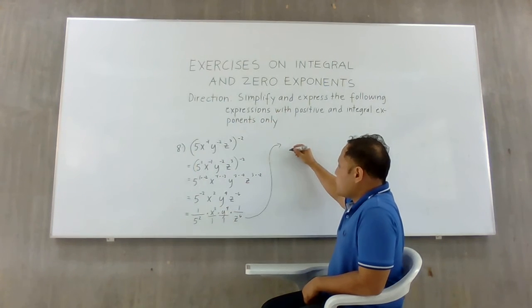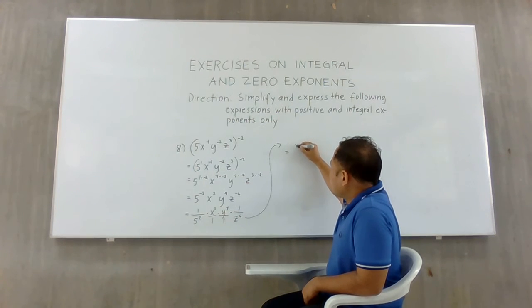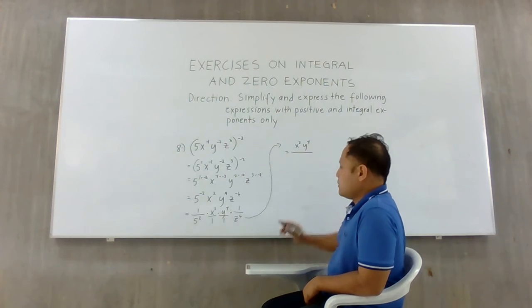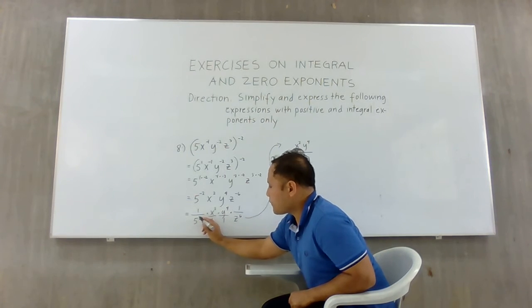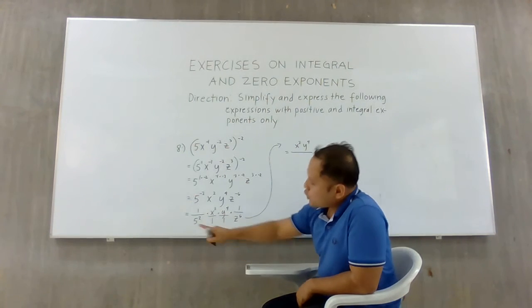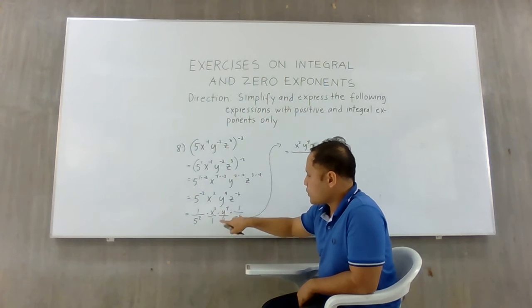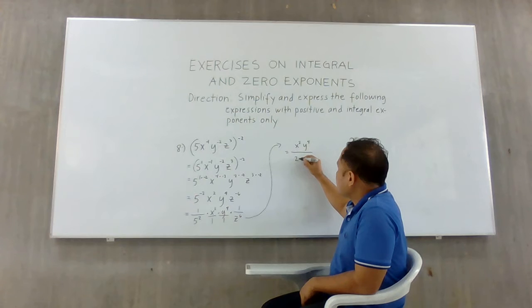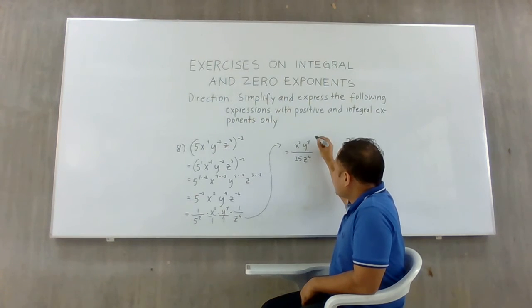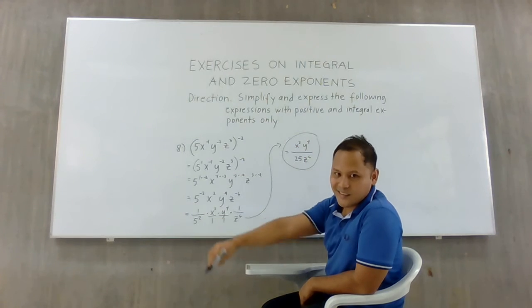The answer in the numerator is x squared y to the power of 4 over 5 squared. That means 5 times 5 is 25. So 25 times 1 times 1 times z to the power of 6. The answer is 25 z to the power of 6. And this is the answer.